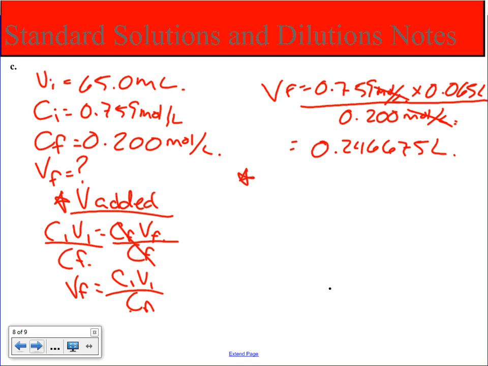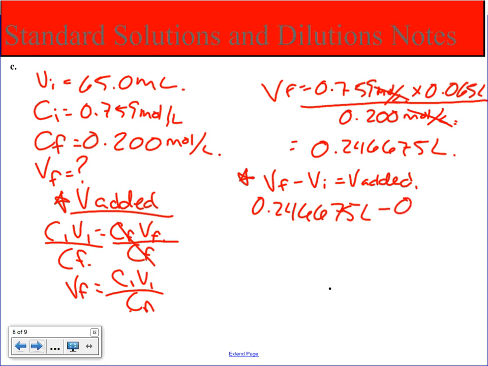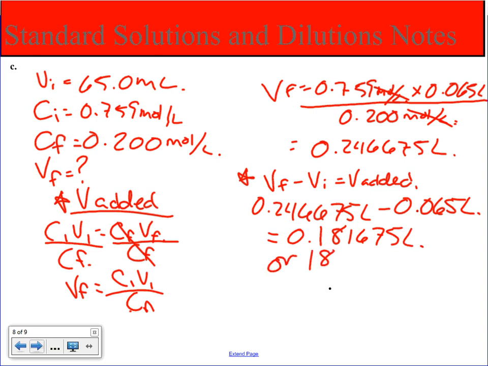Now we need to keep in mind that the amount added can be found by subtracting the initial volume from the final volume. So volume final minus volume initial is going to equal the volume added. So I'm going to take 0.246675 liters minus 0.065 liters, and that should give me 0.181675 liters, or 181.675 milliliters.